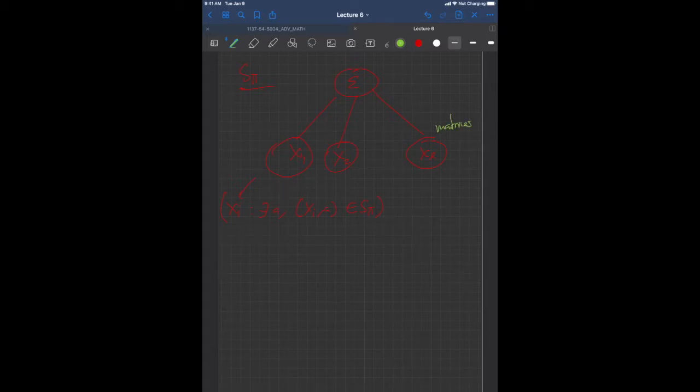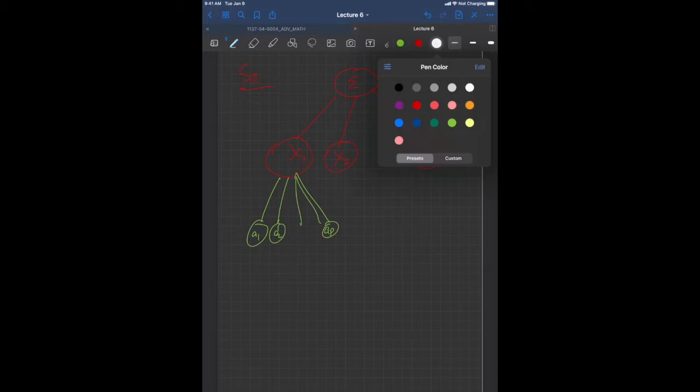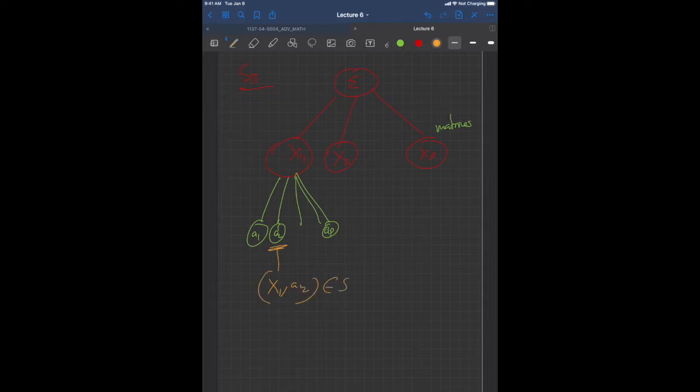We are just viewing this tuple as some kind of stage thing, and for every x_i, all the children of this node are all the a's such that, for example, this node represents that (x1, a2) is in the set S_π.